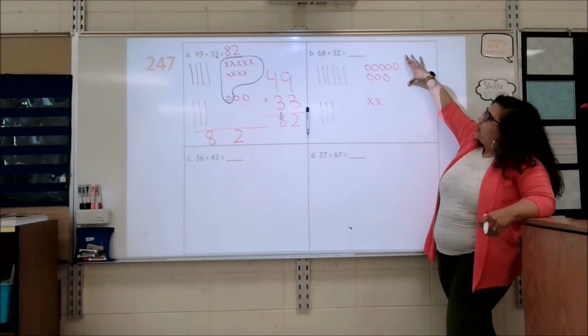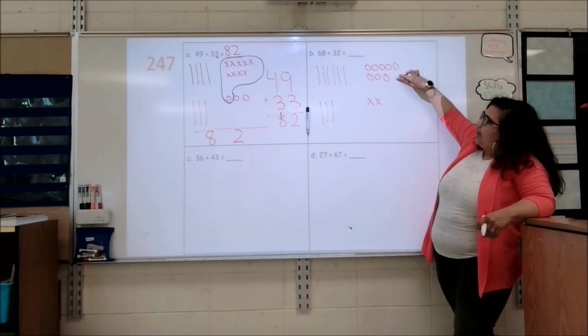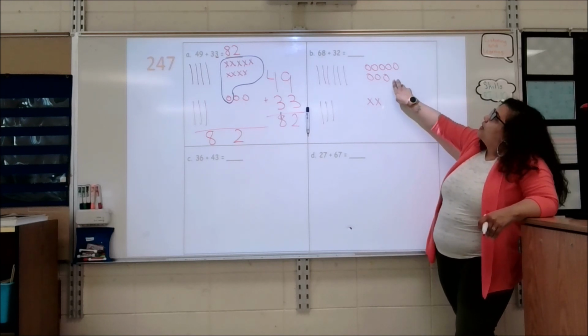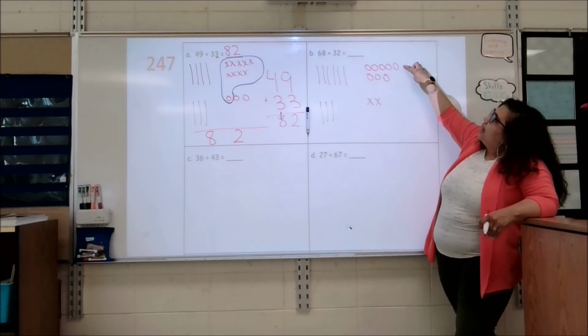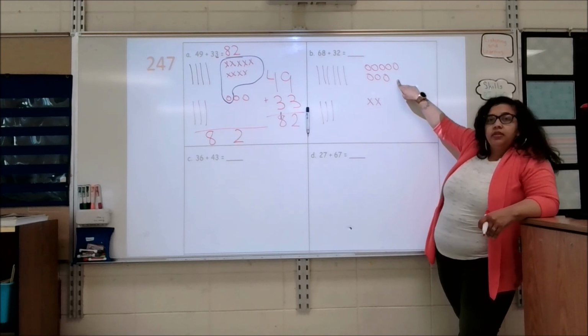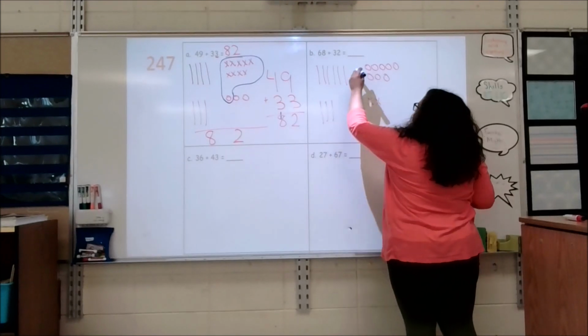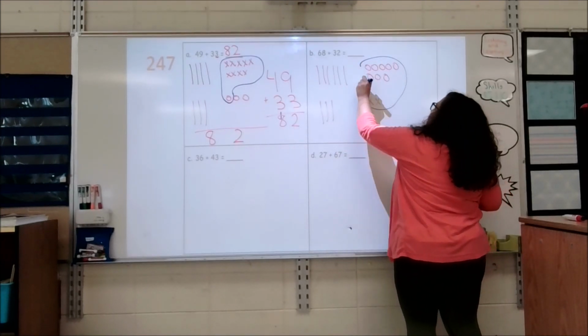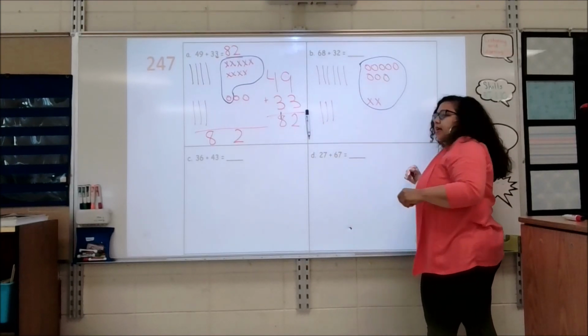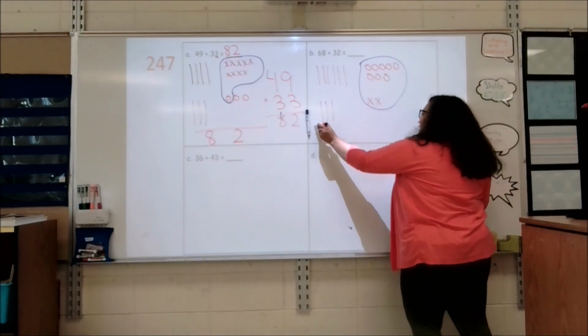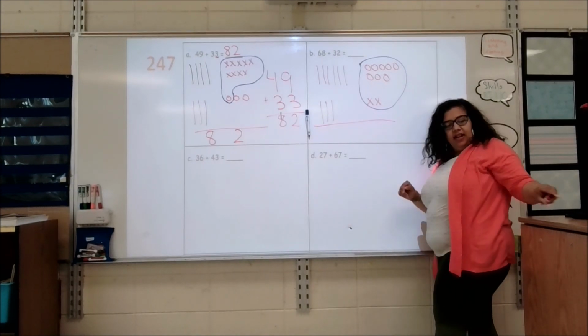I am also continuing that 5 and until we get to the 10 so that we can visually see right here 8 and how many more? 2. So if I have 8 ones and 2 ones, all of my ones are in this group of 10.